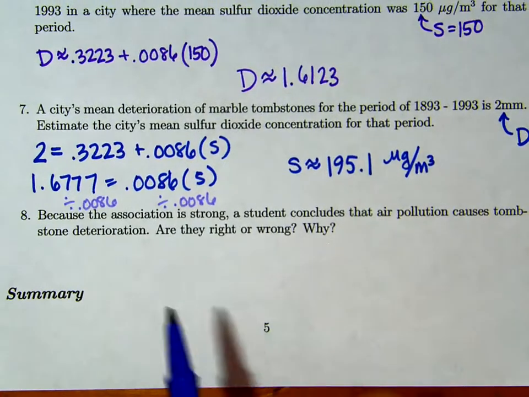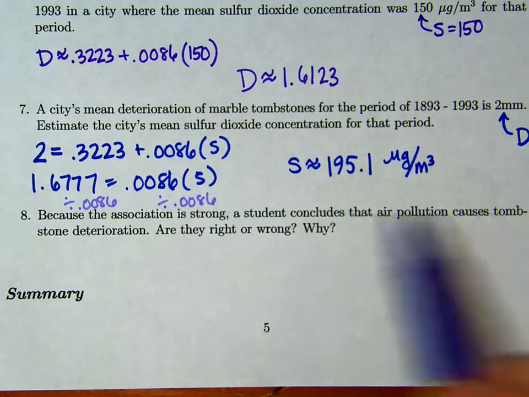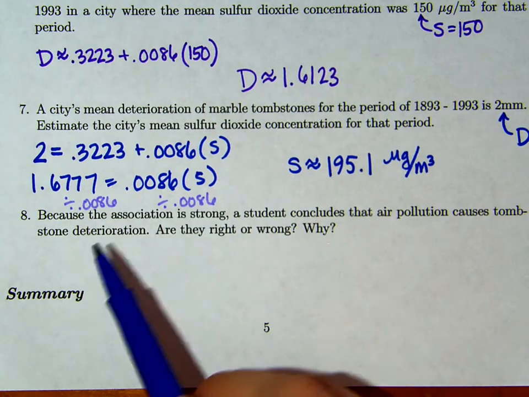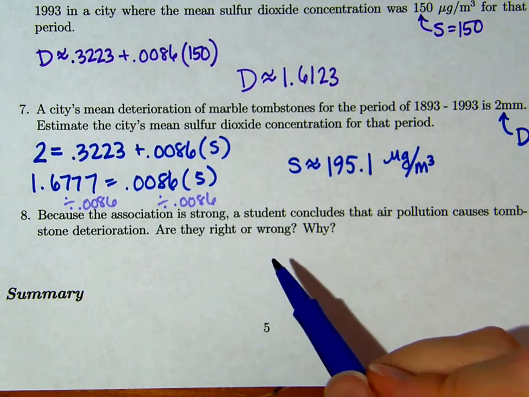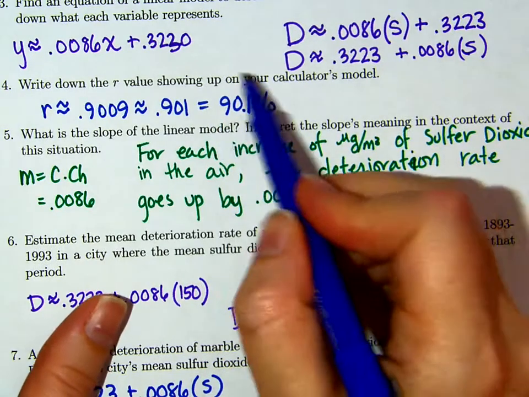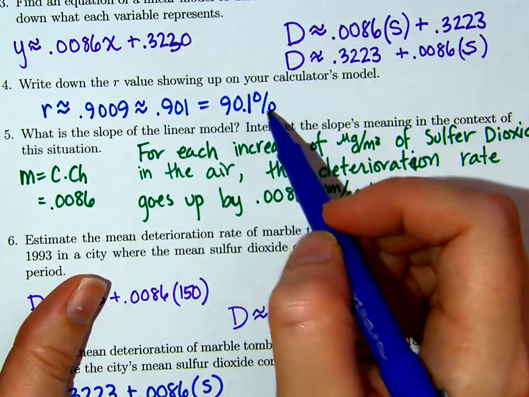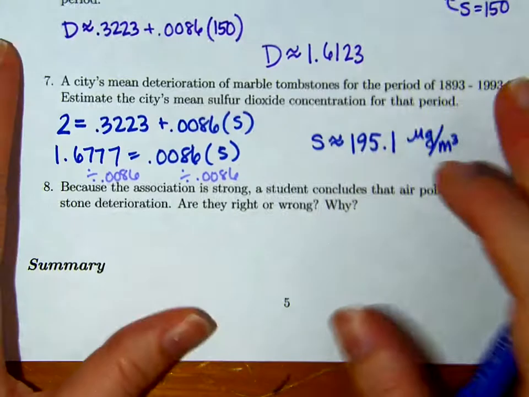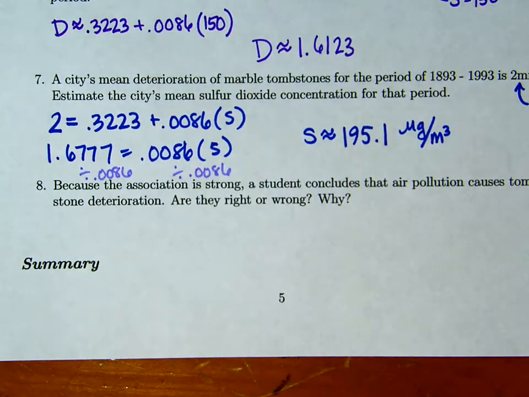Because the association is strong, a student concludes that air pollution causes tombstone deterioration. Are they right or wrong? Okay, so these are definitely, I mean, there's a pretty strong, not perfect, correlation between the sulfur dioxide, the air pollution, and the deterioration of marble.